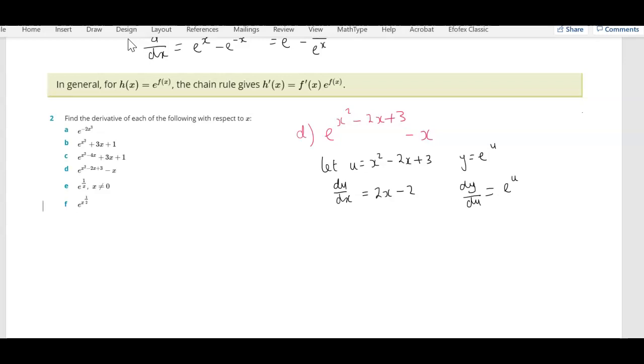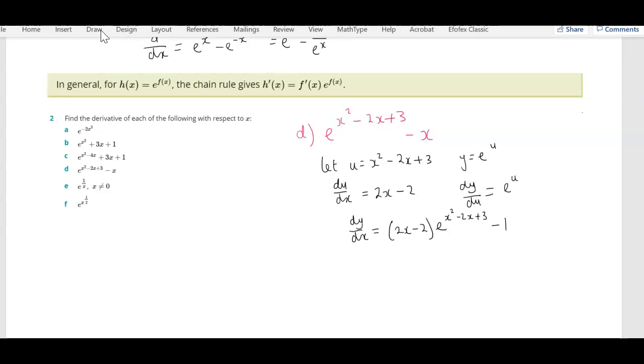Now, when we bring them together, we're going to have dy dx equals 2x minus 2 times e to the power of u. So u is x squared minus 2x plus 3. And don't forget that x, so that x becomes minus 1.